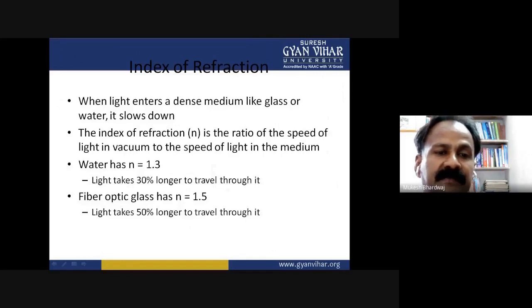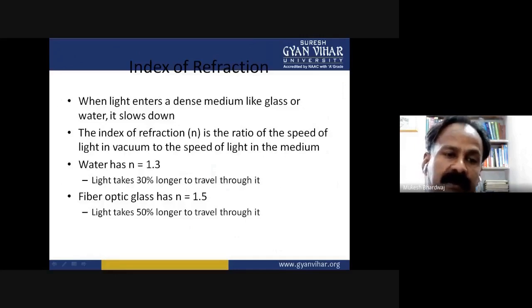The index of refraction N is the ratio of the speed of light in vacuum to the speed of light in the medium. Water has an index of refraction N equals 1.3. Light takes 30% longer to travel through it. Fiber optic glass has N equals 1.5. Light takes 50% longer to travel through it.